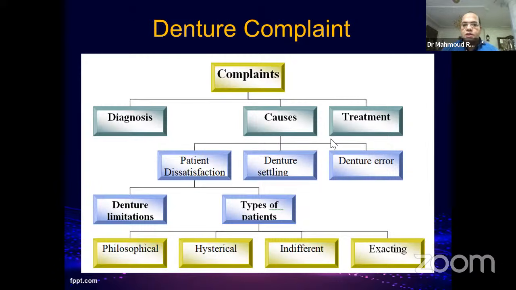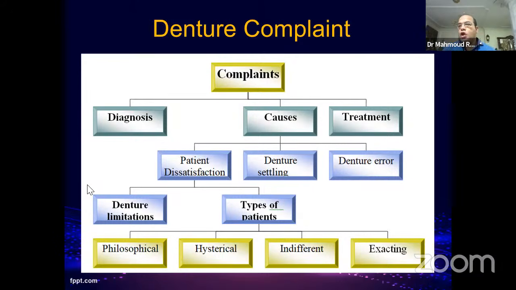The causes will be divided into patient dissatisfaction. It may be due to the denture limitations or due to improper selection of your patient. The denture limitations must be discussed briefly with the patient before starting your denture making or your prosthodontic work.